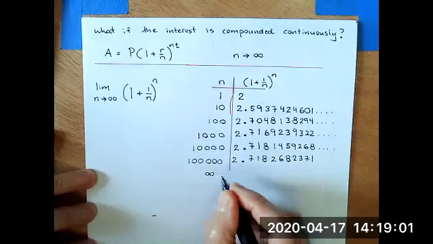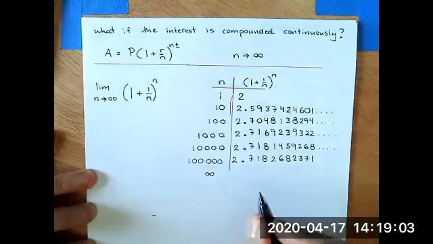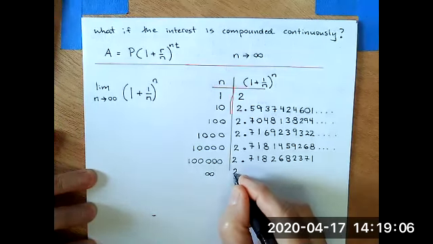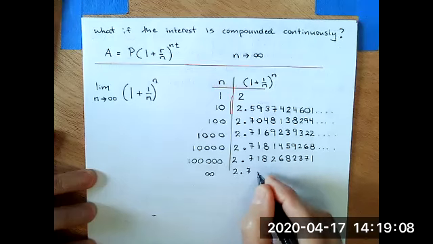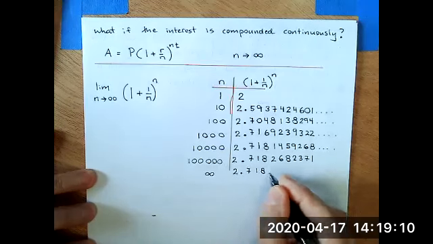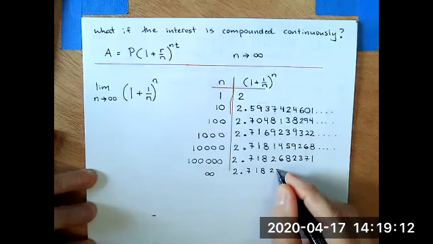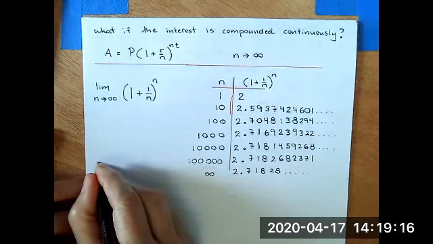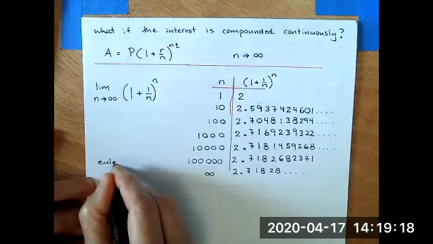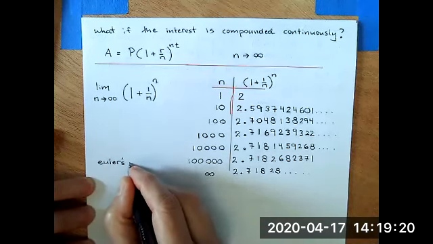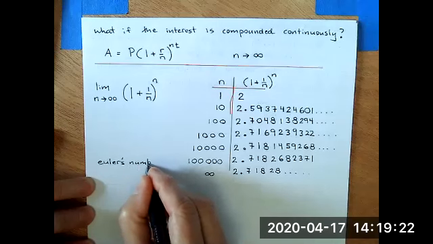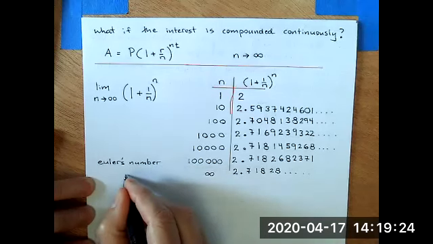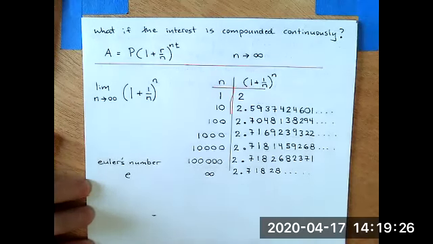If n goes to infinity, it gets closer and closer to a particular number that has a special name. This is called Euler's number. And we use the symbol e.